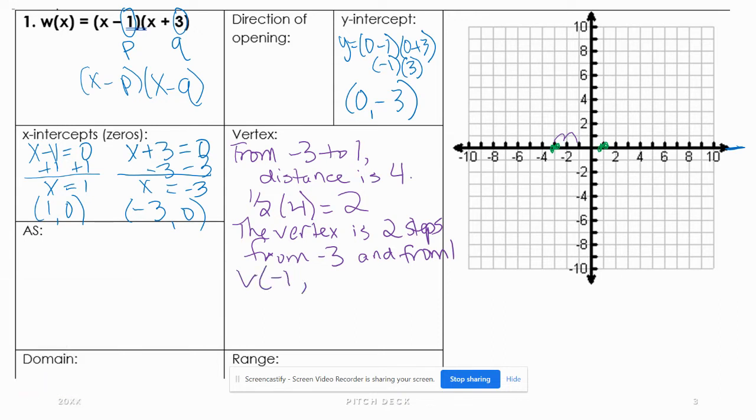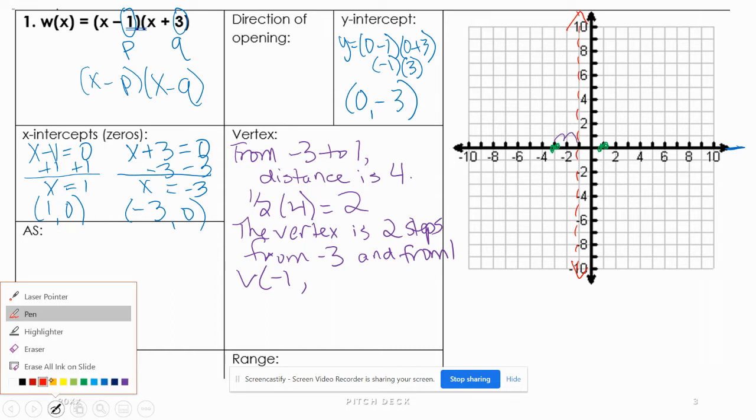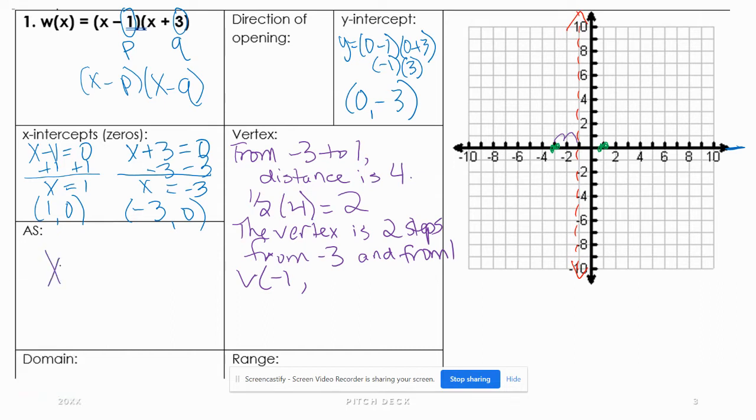I know now that the x value of my vertex is negative 1, and that also means that my axis of symmetry is at x equals negative 1. Again, like we did in the other ones, once I know the x value of my vertex, I can find the y value by plugging that in for x's in my equation and evaluating.